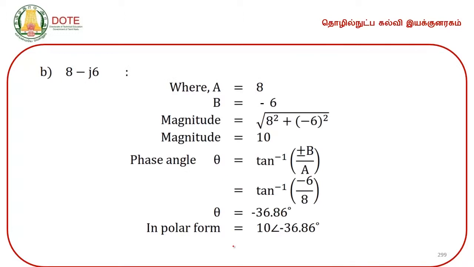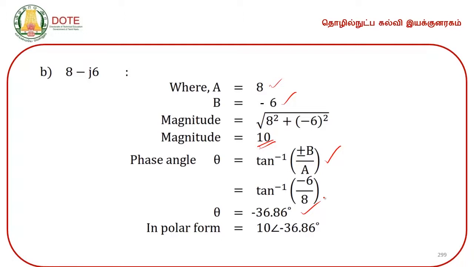Next one is 8 minus j 6, where the a part is 8 and the b part is minus 6. Taking squares, adding and then taking the square root, you get the magnitude as 10. Again we need to find the angle, which is tan inverse of b by a, which is minus 36.86.